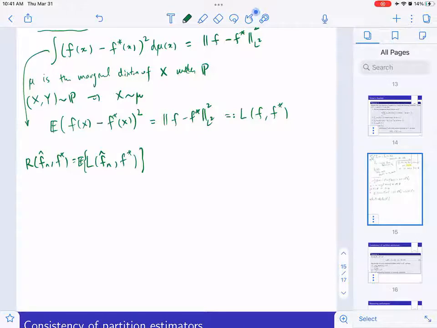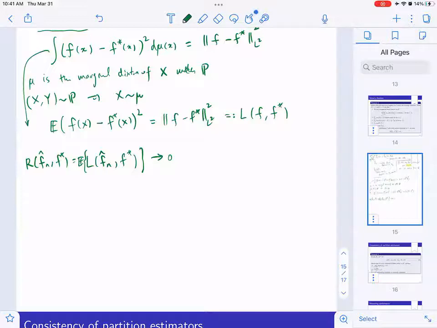The confusing part might be that this f hat n that appears here is a decision rule. So this quantity is not random. This is saying for this particular decision rule, this is the risk. The one that appears inside is just that random function I mentioned. You can rename the decision rule something else, like the partitioning estimator. This is going to be the risk of the partitioning estimator. The inside is the random function, and you measure it against f star, and this is what we want to show.